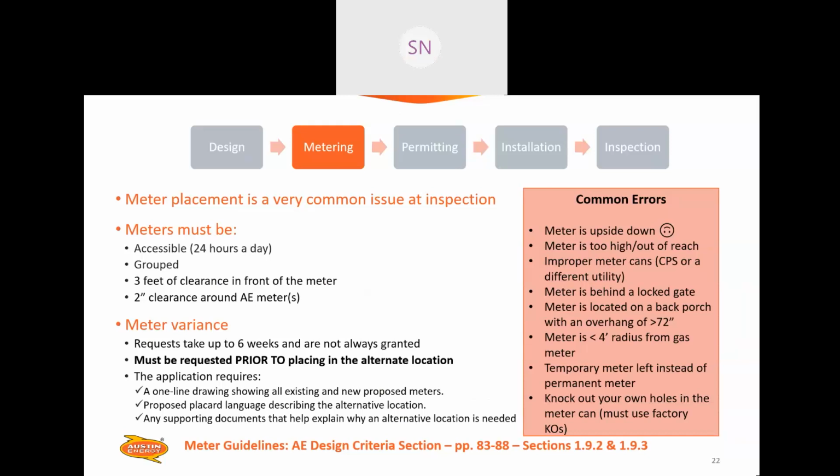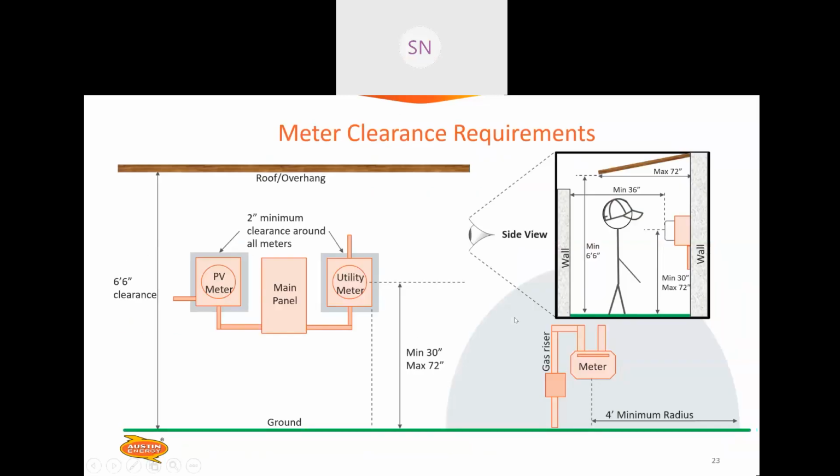Next. In addition to that, I made this really sweet diagram for you guys. As you can tell, we have Rory here. You can tell by his hat. This is meant to be a visual cue to help you think about the space and where the meter needs to be in reference to everything around it.